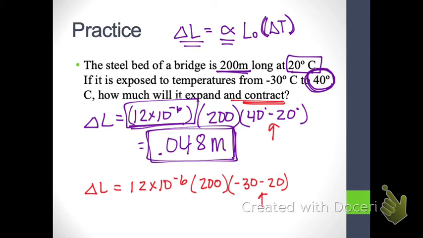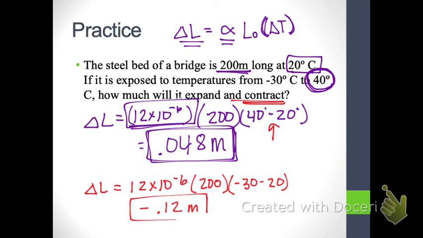This is going to be a much more drastic change in temperature because we're moving 50 degrees away instead of 20 degrees away. So we should see a bigger value for our contraction here. If I run the math on that, 12 times 10 to the -6 times 200 times -50, our value is going to come out negative 0.12 meters.